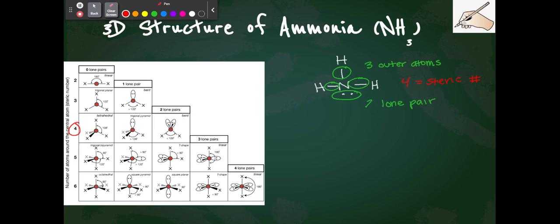So I'm going to drag my eyes across the screen, and I should be looking at this 3D structure here. So if I want to redraw ammonia in 3D, I'm going to draw my central atom. I'm going to mimic this structure here. So I'm going to draw my lone pair on top of the nitrogen.